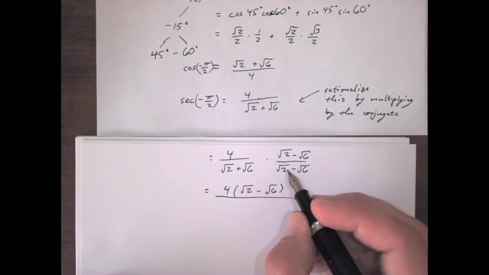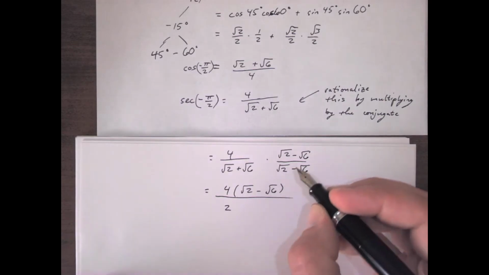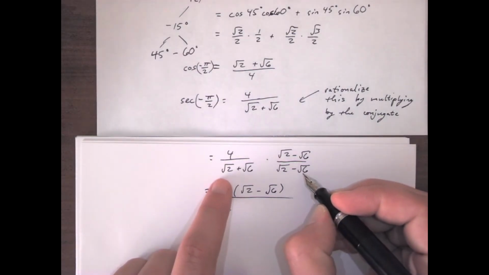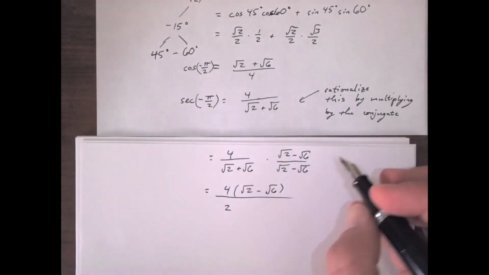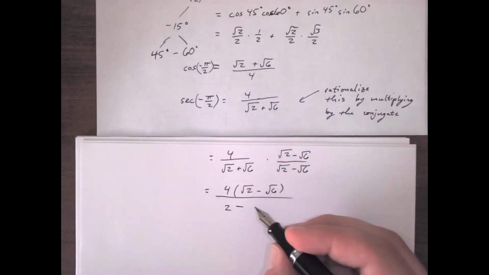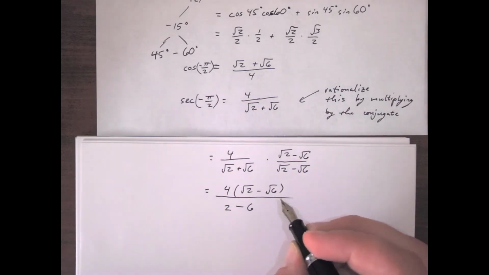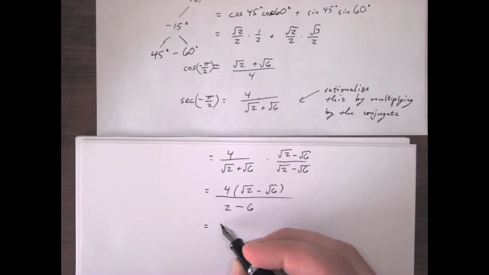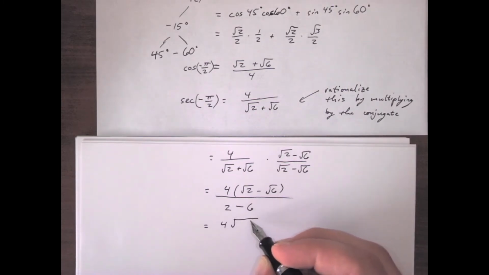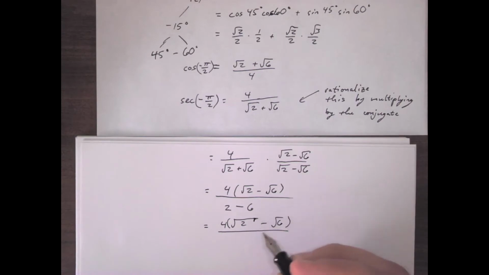And then here, root 2 times root 2 is actually going to just be root 4, which is 2. The middle terms will be negative and positive of the same thing, so they will cancel each other. And then the final terms will be root 6 times negative root 6, which will be negative 6, which will just equal 4 root 2 minus root 6, all divided by negative 4, which will cancel.